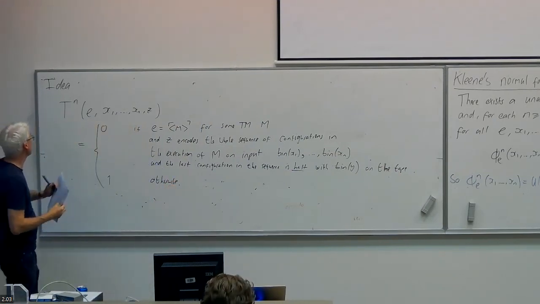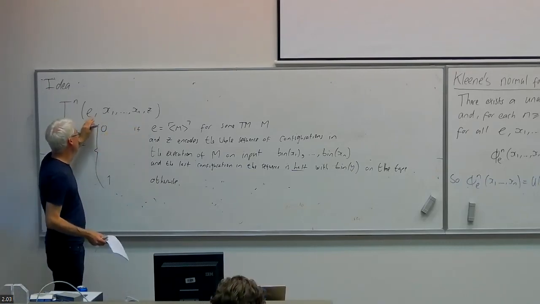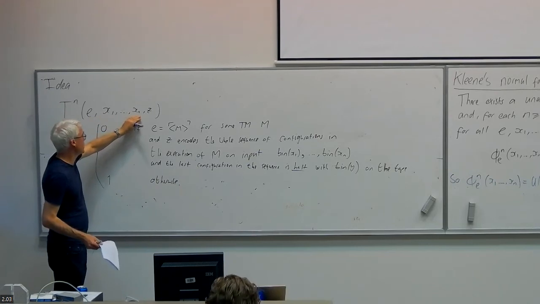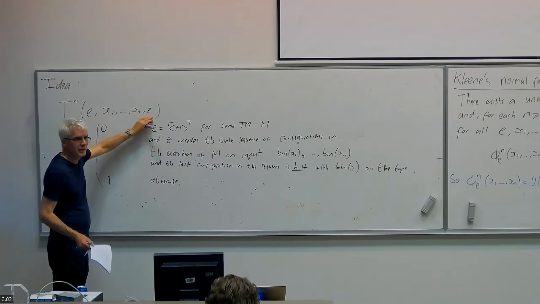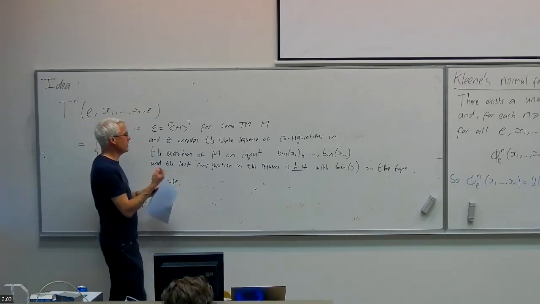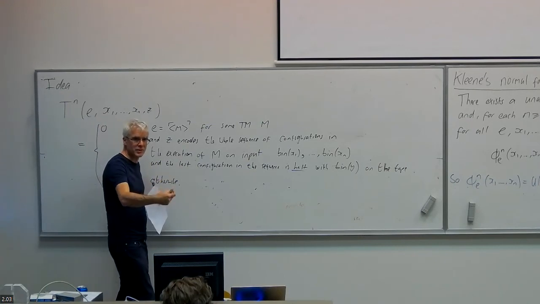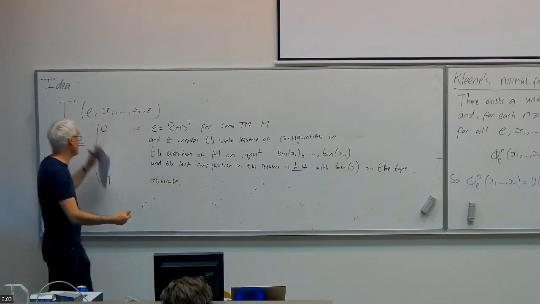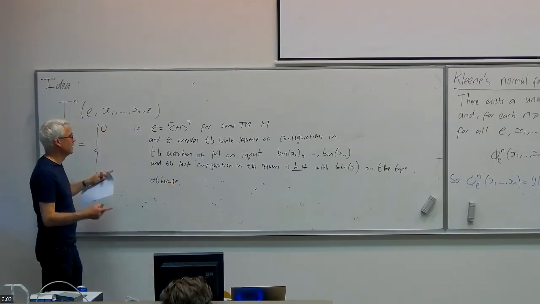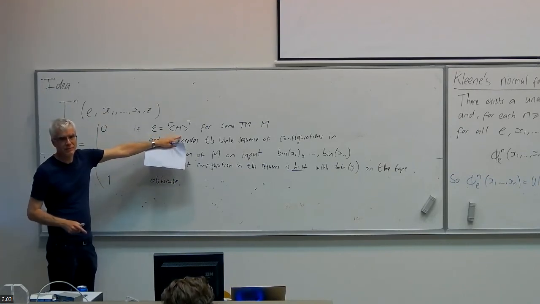So the point here is that we can decide this. If we're given an E, an x1 all the way through to xn, and a z, then z is saying, I am an encoding of the whole configuration sequence of the execution of the Turing machine E on x1 through to xn. Well, first we need to check that E really does represent a Turing machine.